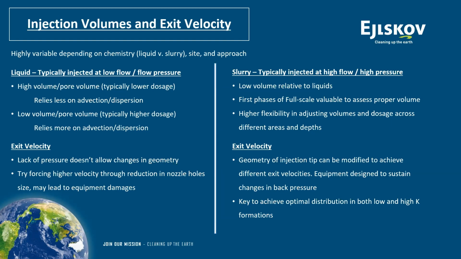There's also an aspect of the system itself too, where if you're going to be injecting liquids, go to the field with a couple different pumping options, because if you go out with something very low pressure, low flow, and you cannot get it into the formation, now you're maxing out your pump. That can lead to equipment damages. There's also safety concerns too now, especially with, say, things like chemical oxidants.